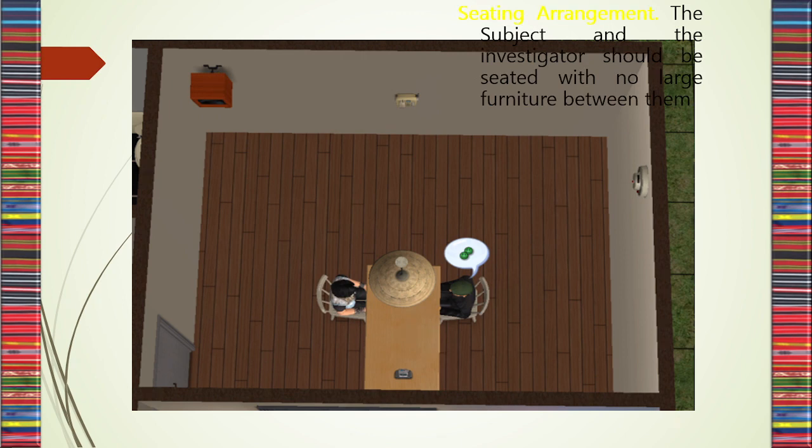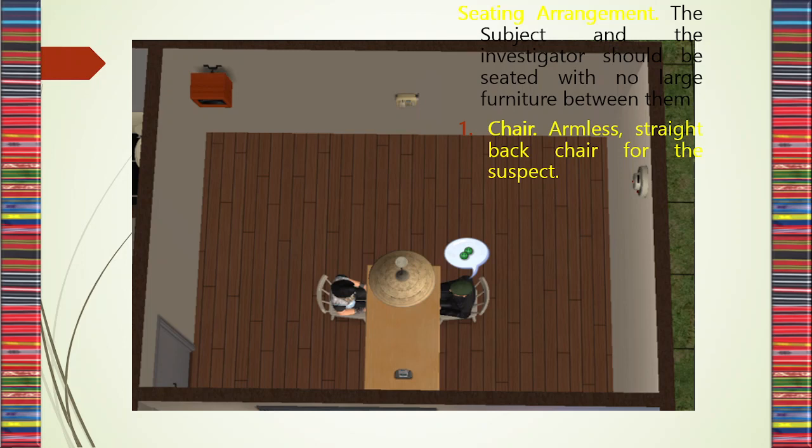So, seating arrangement. The subject and the investigator should be seated with no large furniture between them. So nothing should be in front of them or in between them. The chair must be an armless, straight back chair for the suspect.